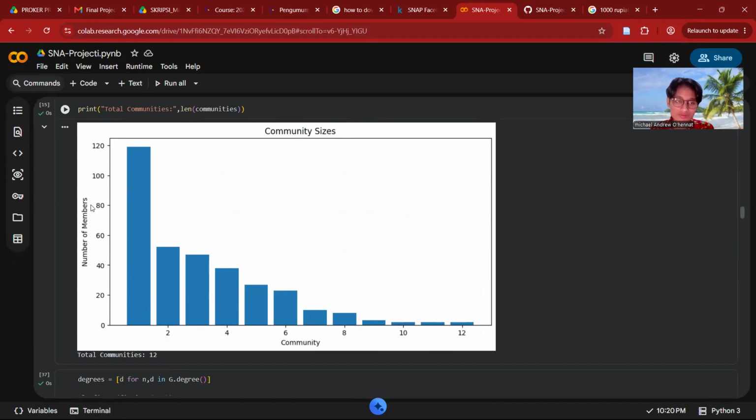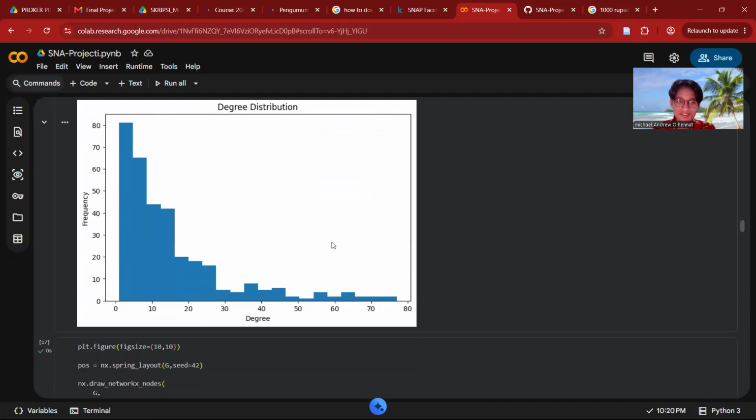And this is the number of members. The highest is community number 1, and community number 12 is the lowest. Community number 1 has, we can say, 190 members, and the lowest, community number 12, has, we can say, 5 members.